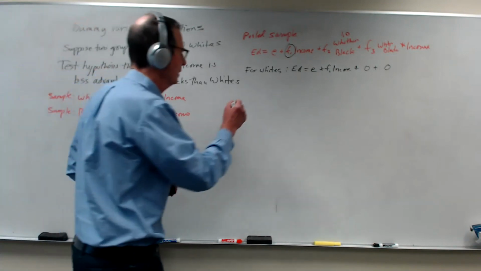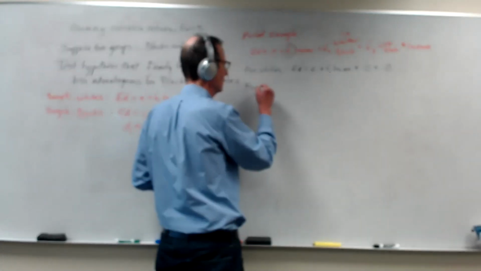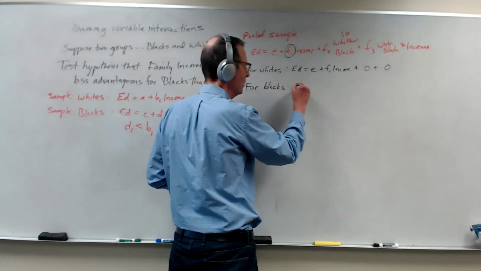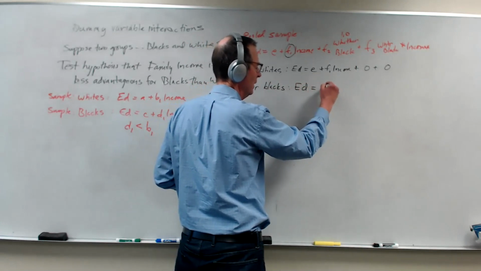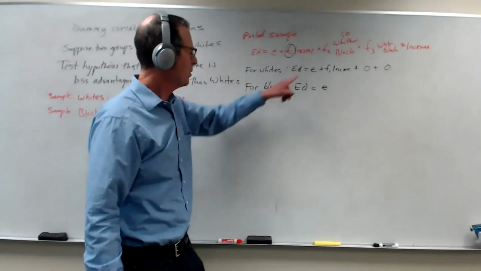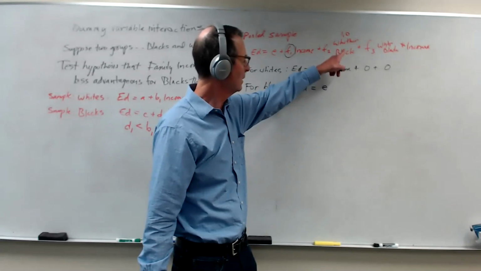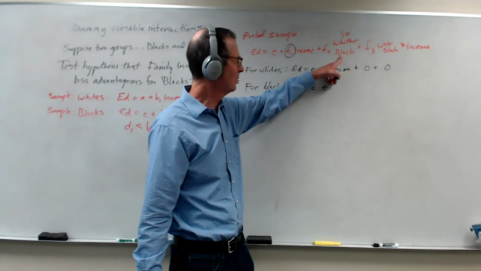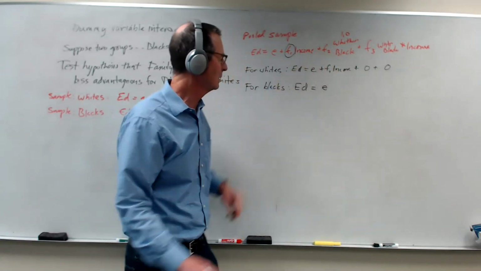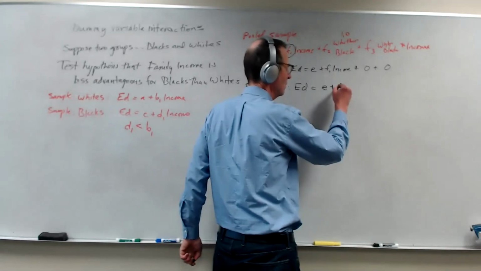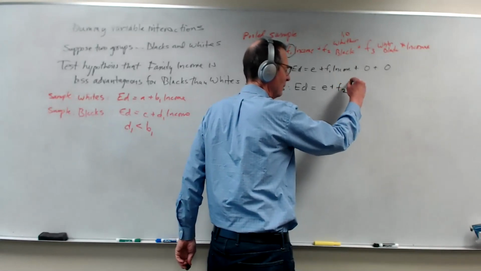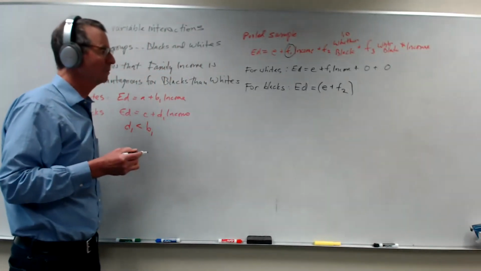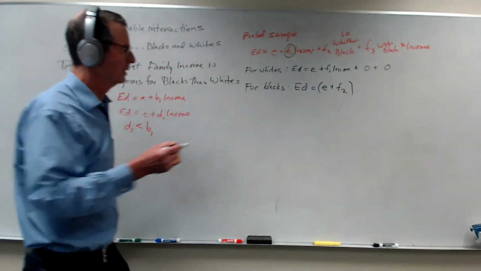And by the same token, for blacks, the equation is education equals E. But now you have another component to the constant term, right? All the blacks will have a 1 for this variable. So they will have F2, and F2 indicates the shifting of the constant up and down for blacks relative to whites.